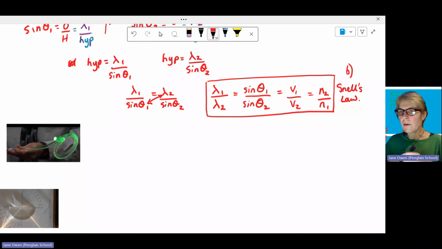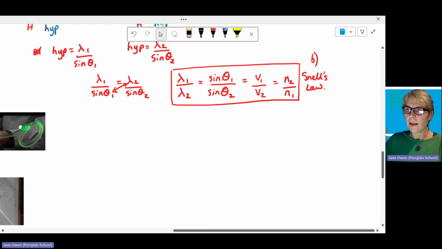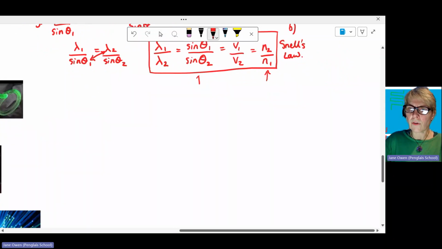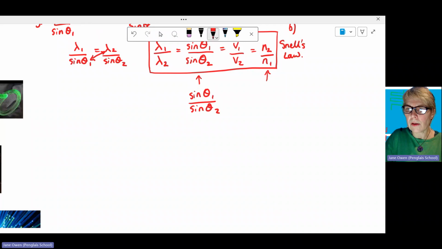We can also take these two and these two together and equate them. Sine theta 1 over sine theta 2 equals n2 over n1. Swap them around: n1 divided on that side becomes times, so n1 sine theta 1 equals n2 sine theta 2.